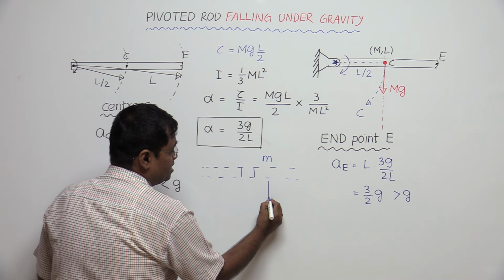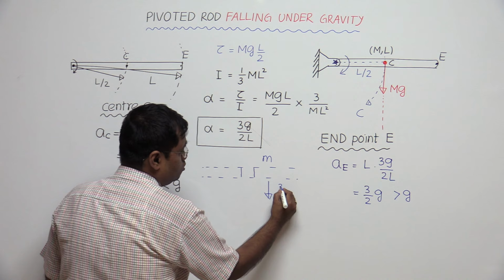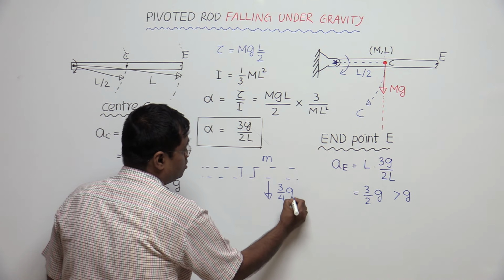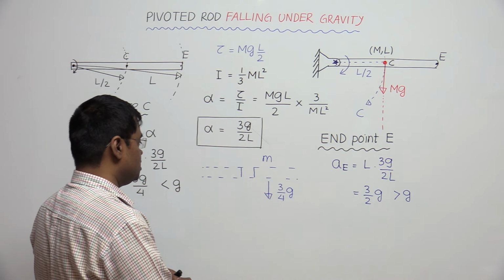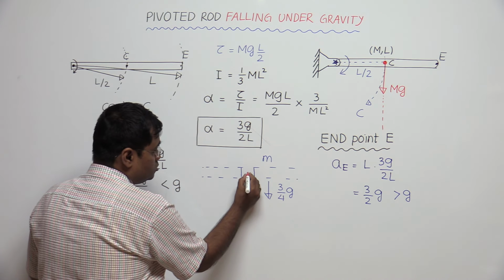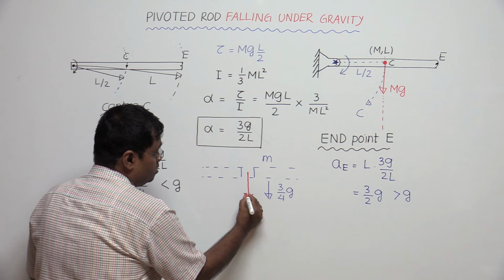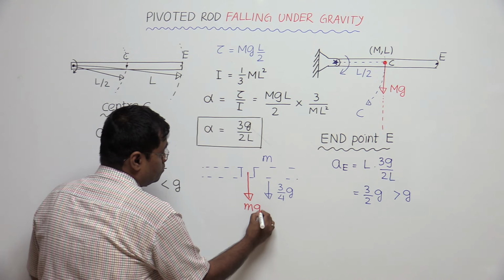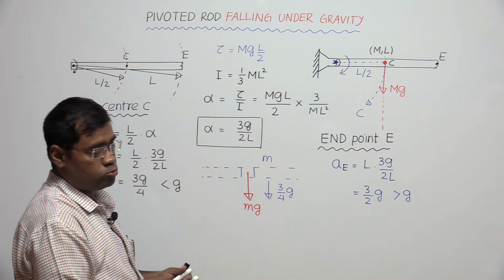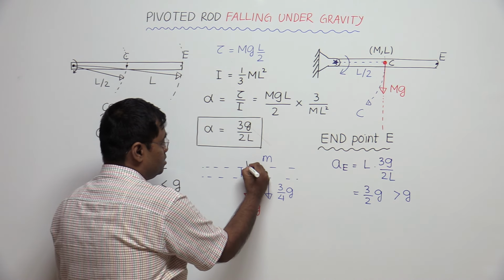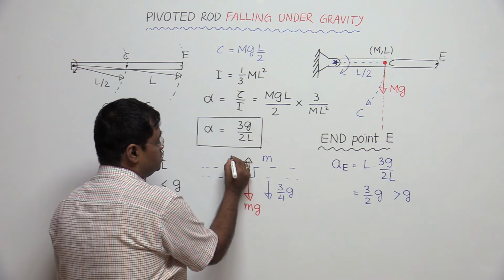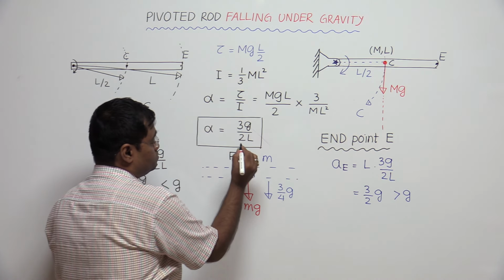It is accelerating downwards, it has a linear acceleration of 3 by 4 into g, which is less than the acceleration due to gravity. Now, the forces are its own weight, that is mg, and there must be another force which is opposing its motion, against gravity. Let us take this force as Fu upwards.